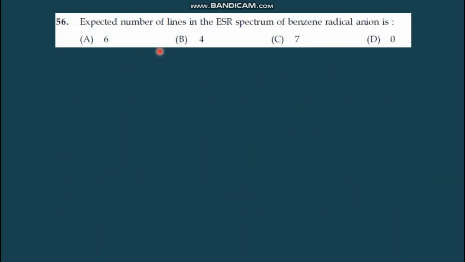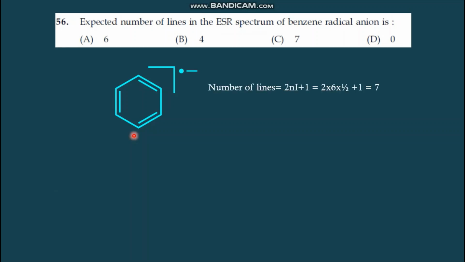Question number 56. Expected number of lines in the ESR spectrum of benzene radical anion is. This is the benzene radical anion, and here you can see 6 carbons are there, and electrons are delocalized over all 6 carbon atoms, exhibiting coupling to 6 equivalent hydrogen atoms.